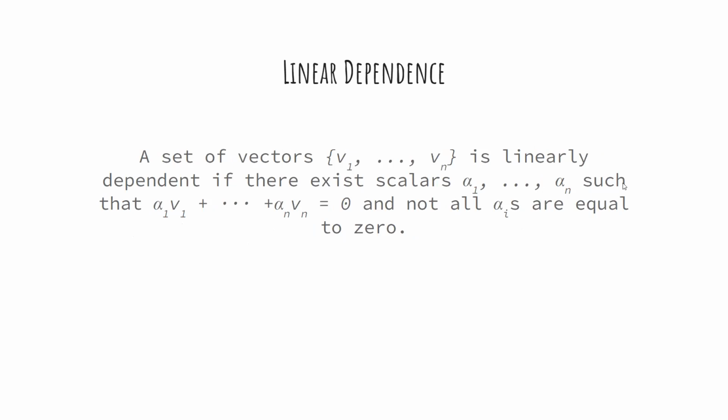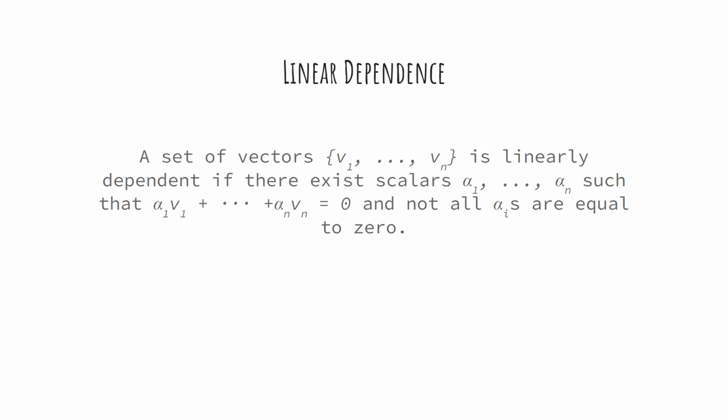Okay. So then there's this idea of linear dependence. We say that a set of vectors V is linearly dependent if there exist scalars alpha 1 all the way to alpha n such that alpha 1 v1 plus all the way out to alpha n vn equals 0, and not all alpha i's are equal to 0.